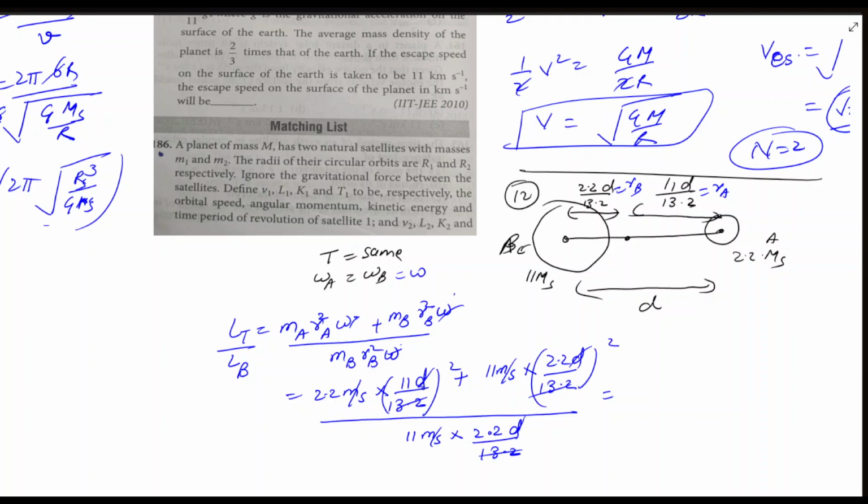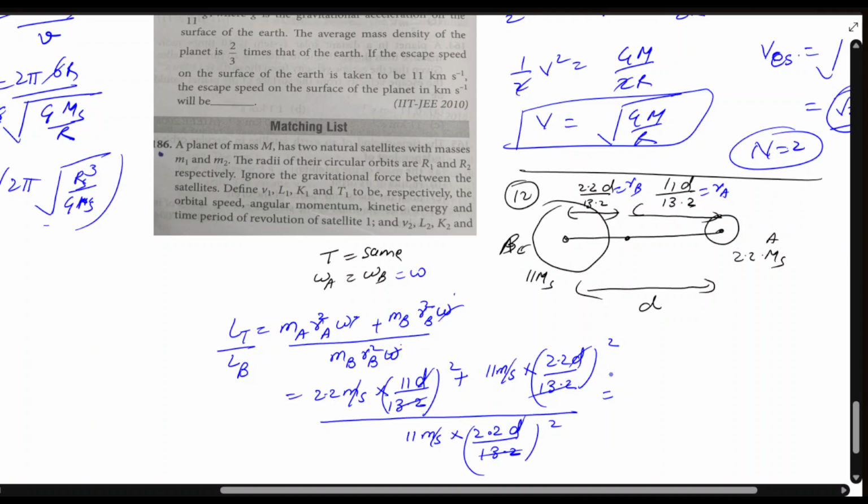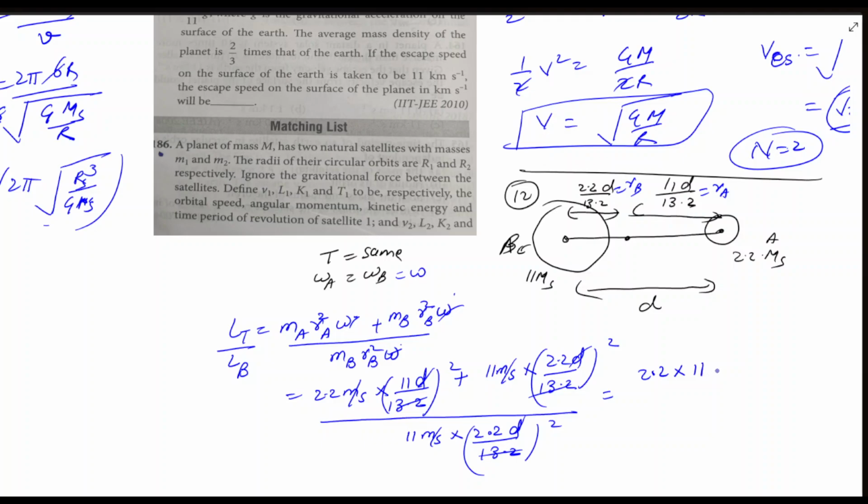So no worries, the d and 13.2 square will also get cancelled. So we are left with 2.2 into 11 into 11 plus 11 into 2.2 into 2.2, divided by 11 into 2.2 into 2.2.